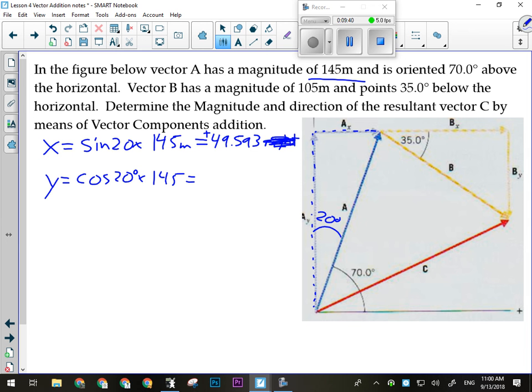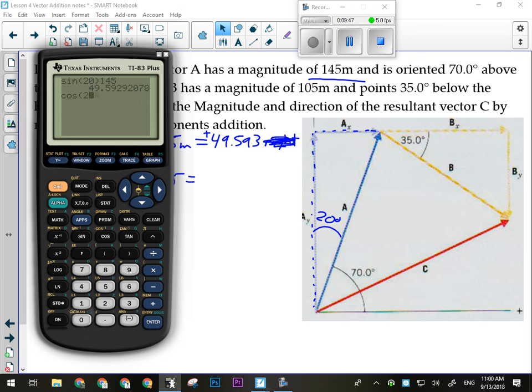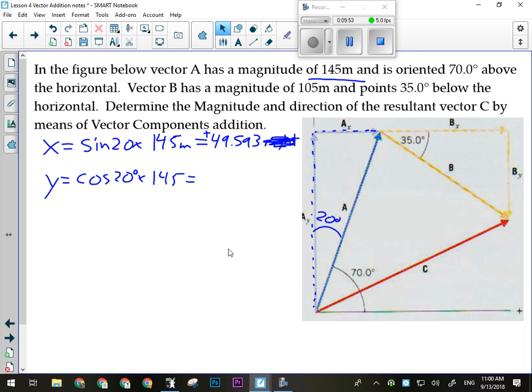This is the positive X axis. For Y, we've got the cos of 20 times 145. So we got 136.255, and that's also positive because it was on the positive y-axis.